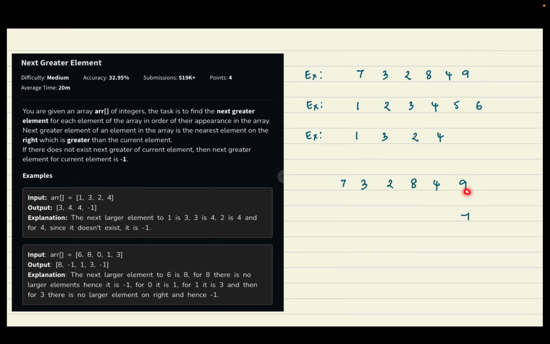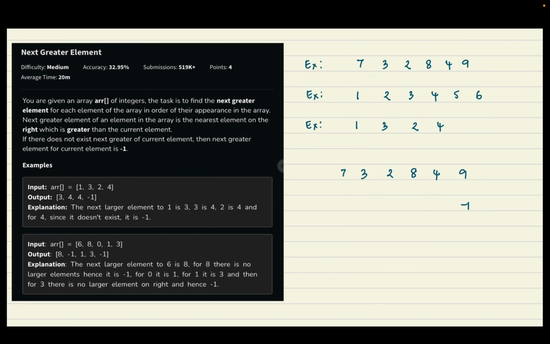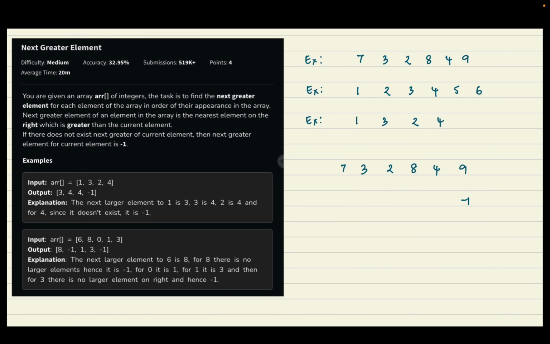I know there are no greater elements to its right, but 9 can potentially be the answer for all the elements on the left. So I will be storing 9 separately, saying that 9 can potentially be one of my answers. Now I am at 4. I will check, is 4 lesser than 9? Yes, it is.